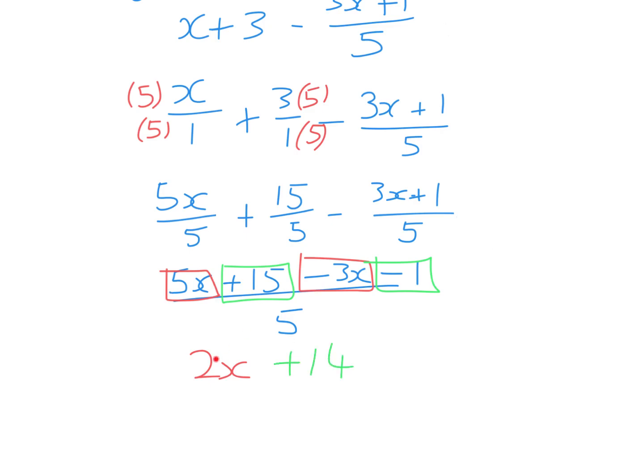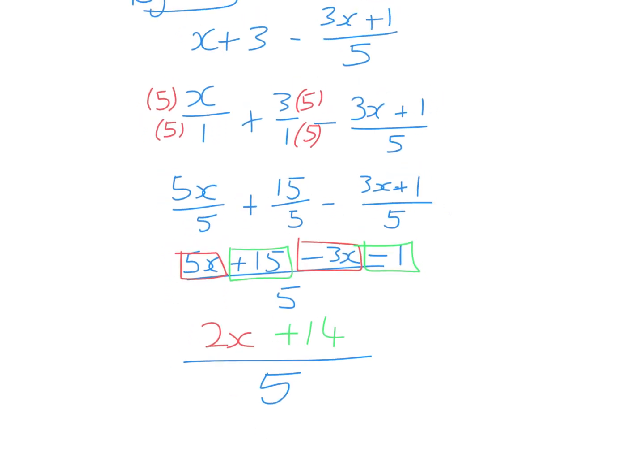Our x terms have added together, our normal or constant terms have added together, and they're both going over 5. At this point here, none of these terms would simplify with 5, so I'm happy that I finished that question off as best as I can. The x term and the constant, they cannot add together, so I can't make this top any simpler. I can't simplify with the bottom of the fraction either, so I'm done.